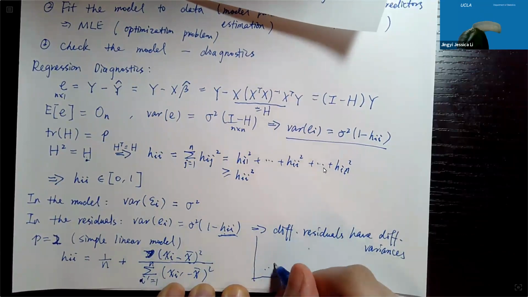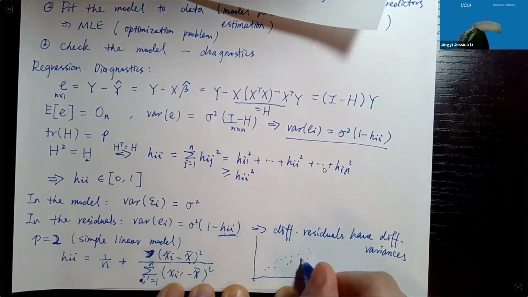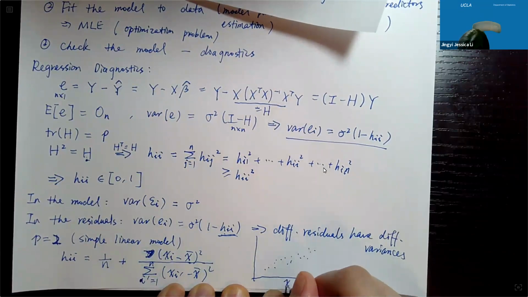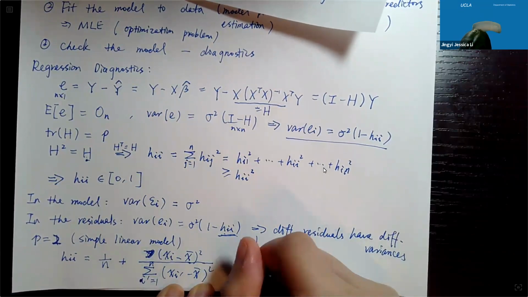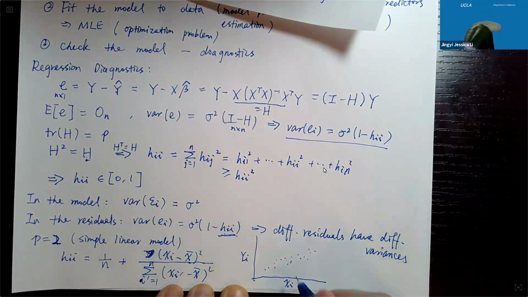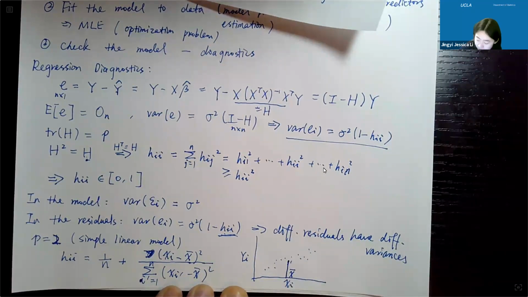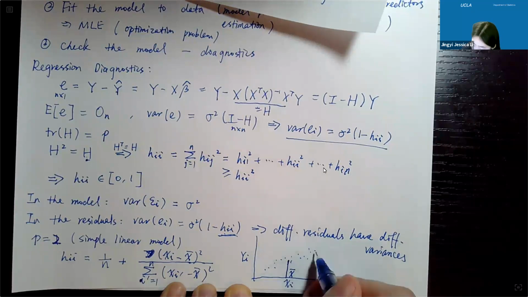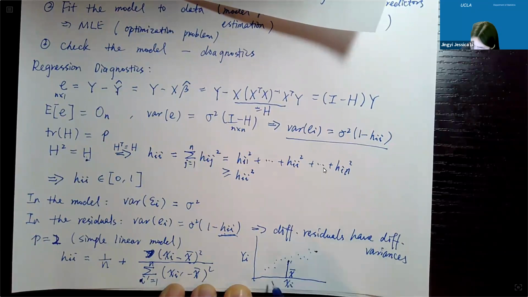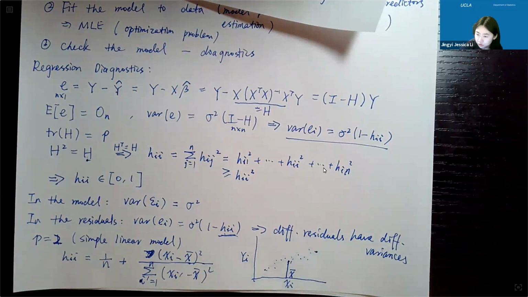So this is what we have for the simple linear model. Here is what we call x bar. For points farther away from x bar, their residuals will have smaller variances, but for the data points closer to x bar, their residuals will have larger variances.